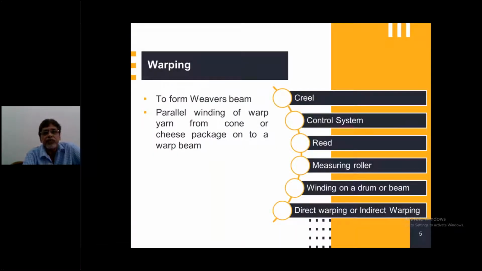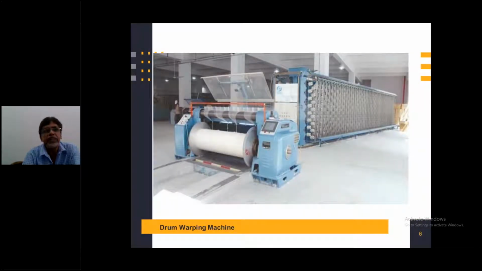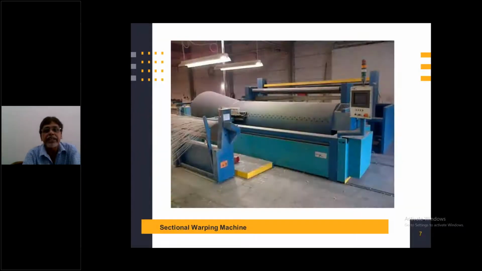And in warping, it forms a revolving parallel winding of warp from cone packages. There are two types of machines, drum and beam warping machines. This is a drum machine, where yarn comes through different surfaces and is wrapped on a winding surface, and here also the yarns come over different surfaces and reach here.